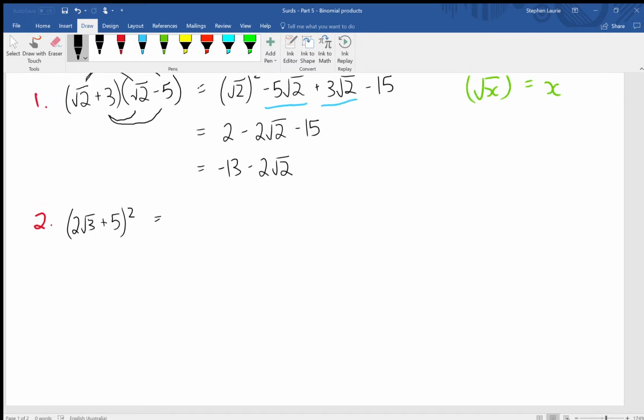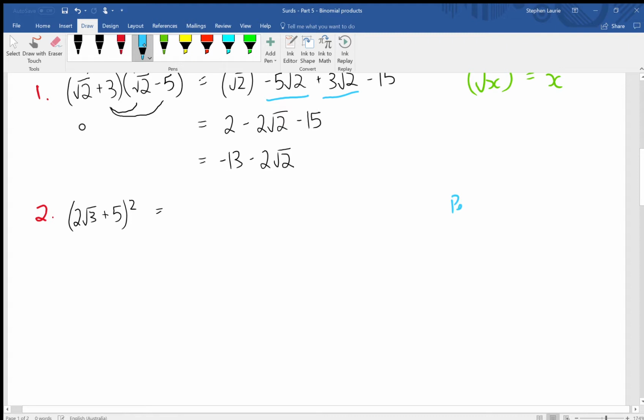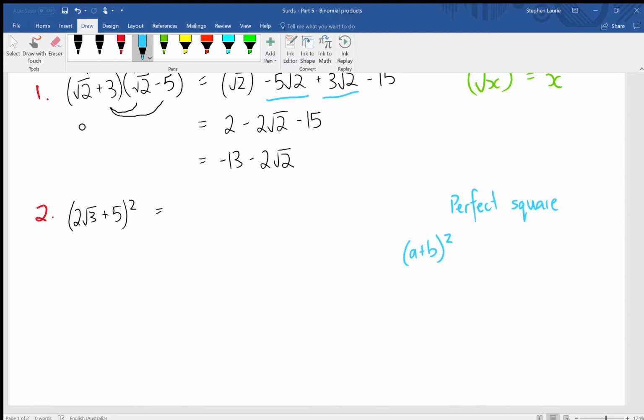Well, in the quadratics topic, we learned about the perfect square. In fact, we actually learned it last year. So let's refresh that. The perfect square. This rule tells us that if we do have some a plus b all squared, it is essentially the a squared, the b squared, and 2 lots of ab in the middle.